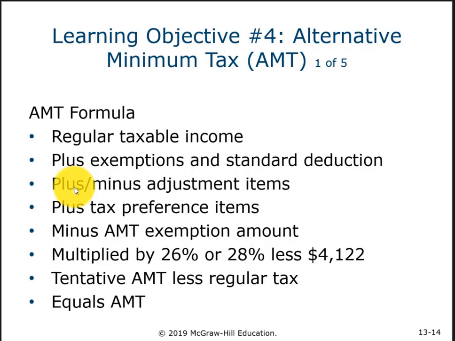Then you subtract the regular tax. That's why you can't do AMT until you've done your regular tax, because you don't know what that second to last step is. And then that equals this AMT, your actual alternative minimum tax amount. And remember, it's above what your regular tax is.